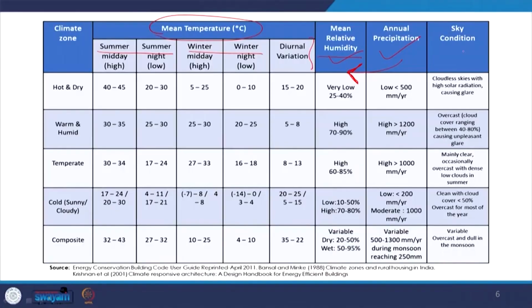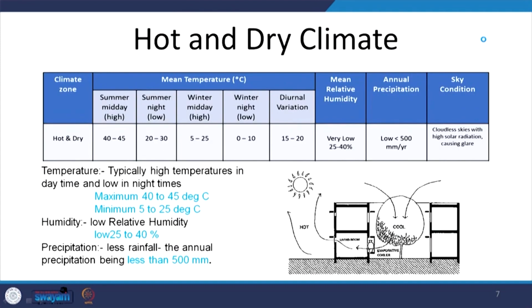So, very high mountains may also be having deserts, while they might still be receiving some amount of rain. So that is what we would be looking at, and then sky condition, which impacts the radiation which is being received. So, let us go over each of these climates which are in our country and look at how these parameters vary for each of these climates.